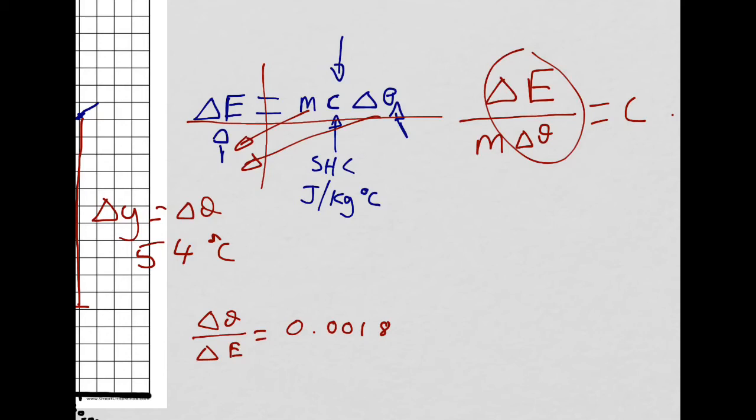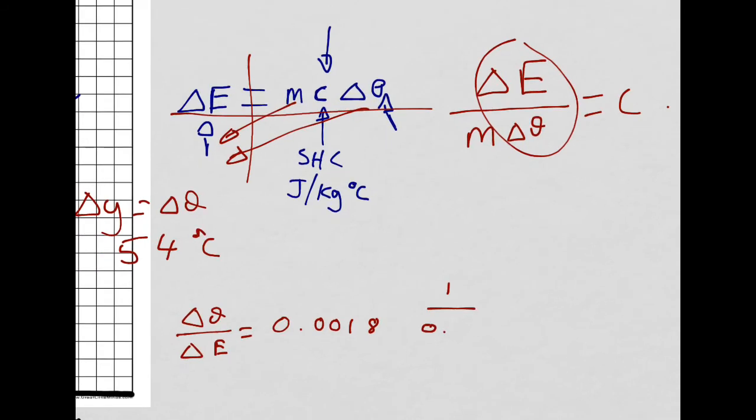So all you need to do really is reciprocate this, and you can do that by just taking 1 and dividing it by what you got, 0.0018. By doing that you're basically turning it from delta theta over delta E to delta E over delta theta, which is what we want.